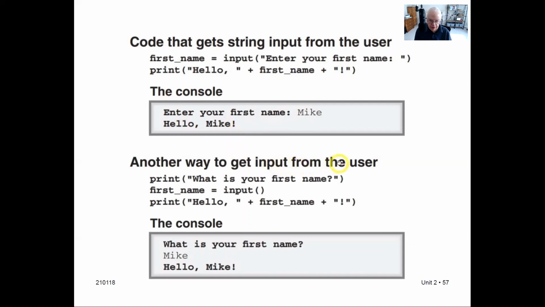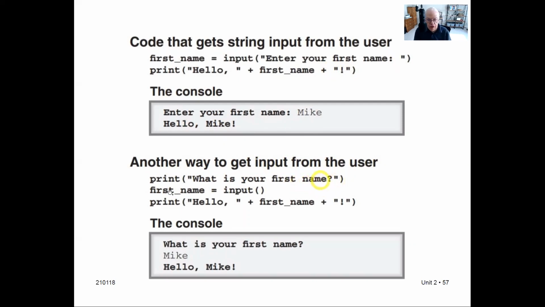Simple little program. Another way to do this is to break it into two lines. Use a print function and an input function. This is only a good example of an empty input function. To me, it's a pain. So you may like this, I don't know. But here we're asking for the first name to be input.